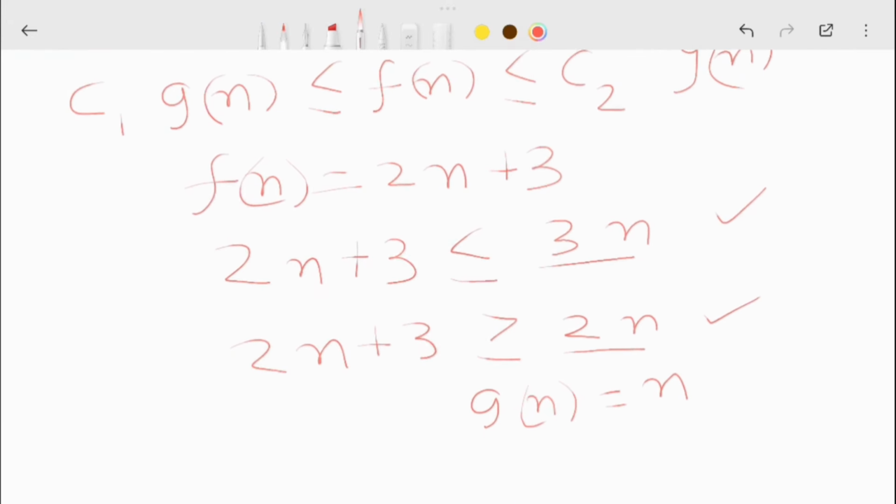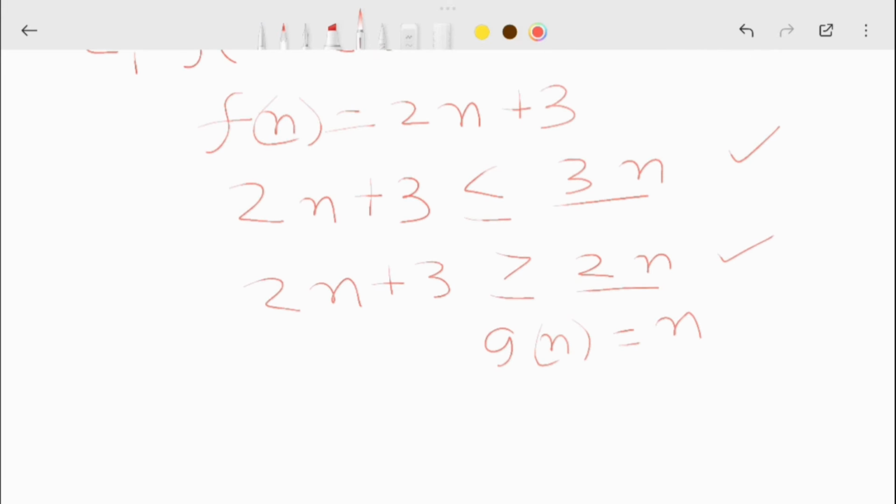For the g of n, when the constant is 3, this condition becomes true, and for the constant 2, this condition becomes true. So now 2n is less than or equal to 2n plus 3, and this 2n plus 3 is less than or equal to 3n.